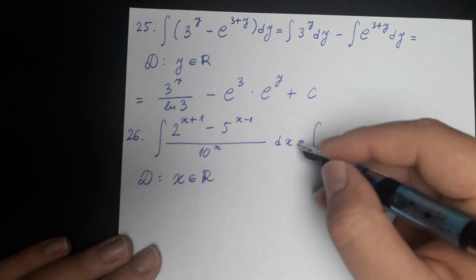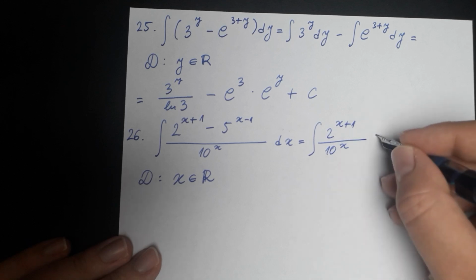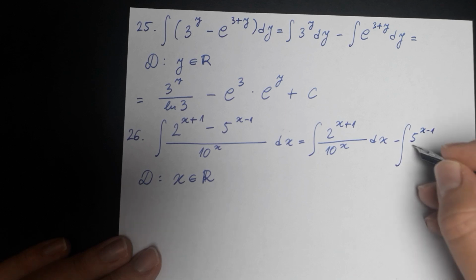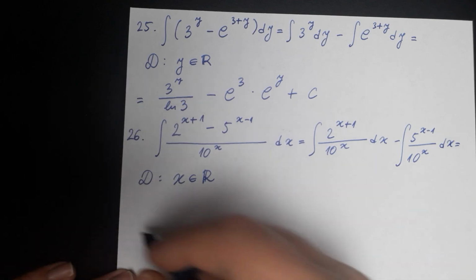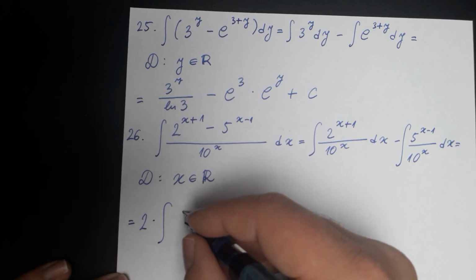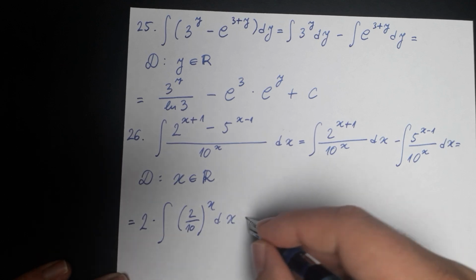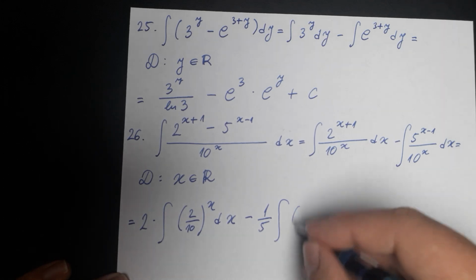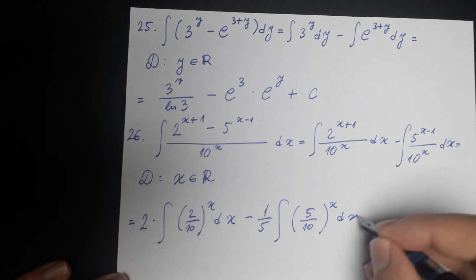So this integral can be written as the integral of 2 to the power x plus 1 divided by 10 to the power x dx minus the integral of 5 to the power x minus 1 divided by 10 to the power x dx. And that is equal to 2 times the integral of 2 divided by 10 to the power x dx minus 1 divided by 5 times the integral of 5 divided by 10 to the power x dx.